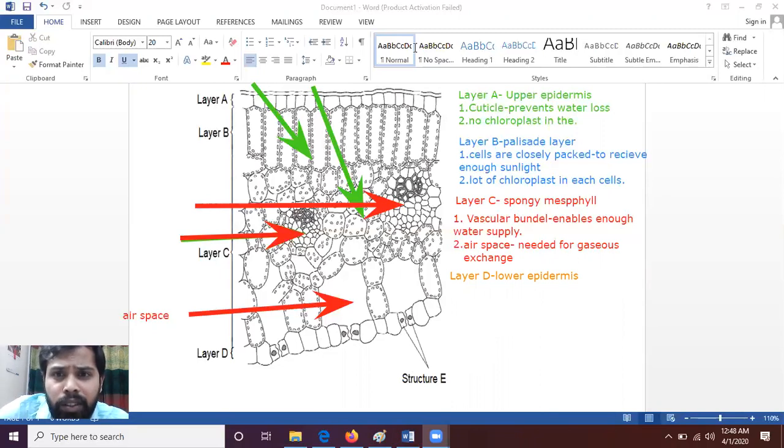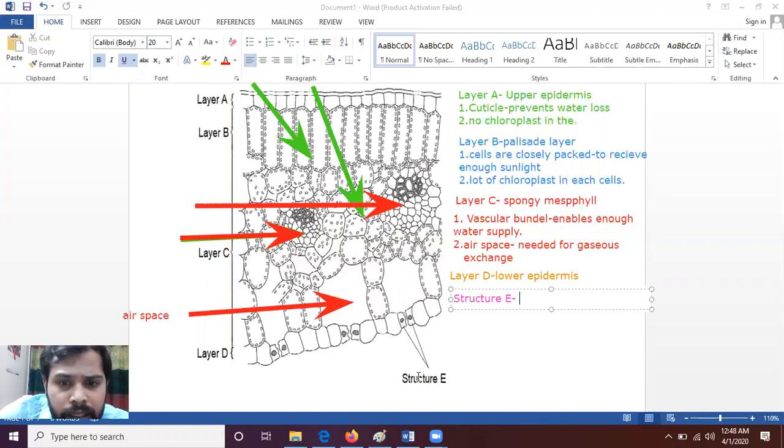For stomata, let me pick a color. It's not that visible, let me pick another color. Okay, structure E. Basically what you, there is a confusion here.